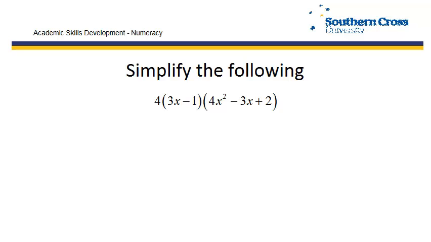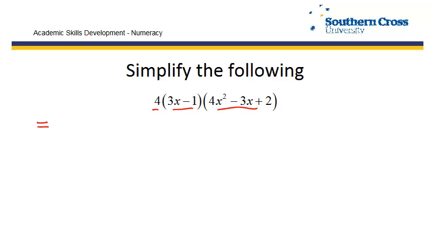And then the last one in this sequence, we've basically got three factors being multiplied. 4, 3x take 1, and 4x squared take 3x plus 2. So I'm going to suggest that we leave the 4 well alone for the moment, and we just multiply the first lot out.